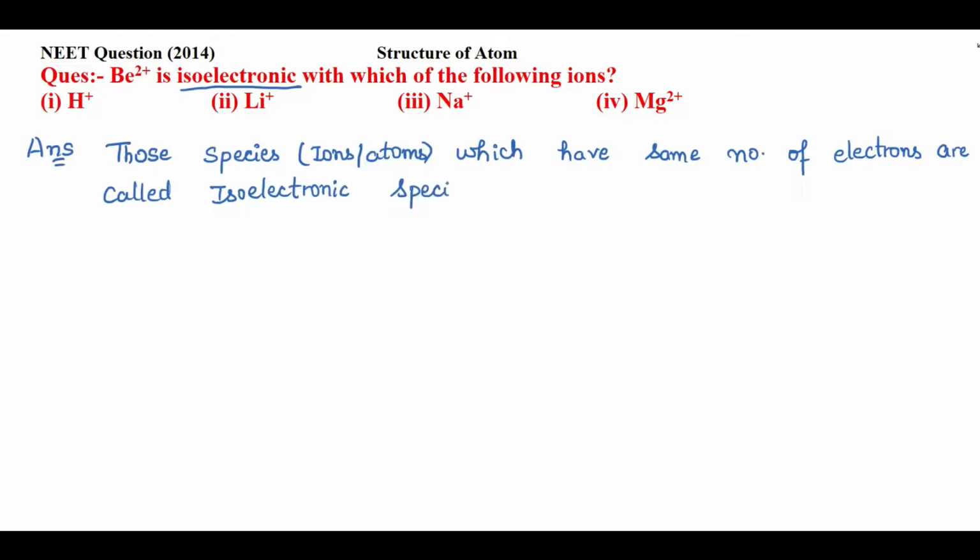Now in this question we have to tell about the isoelectronic species of beryllium 2 positive.